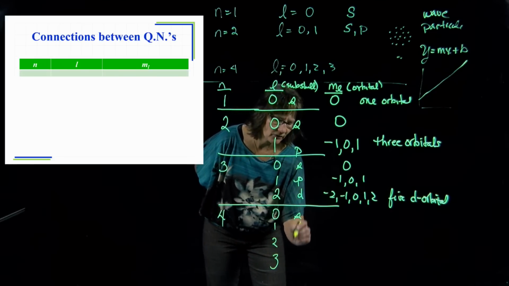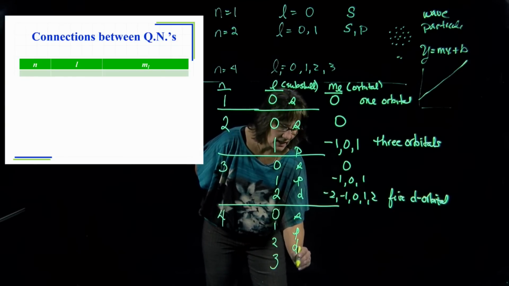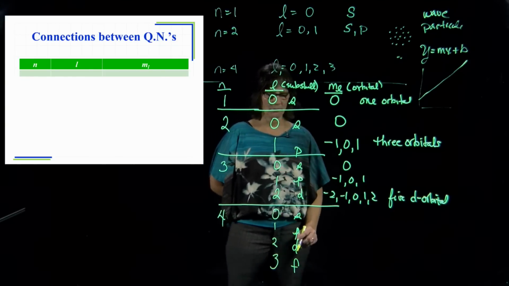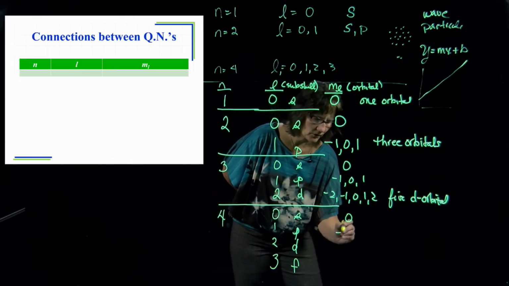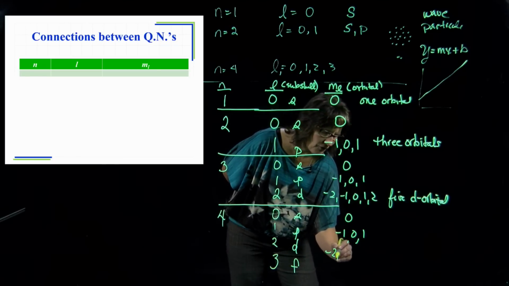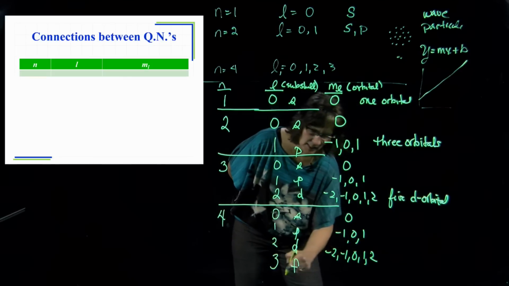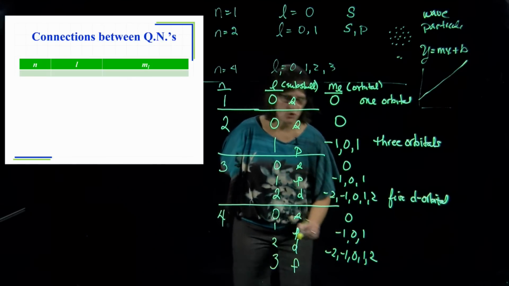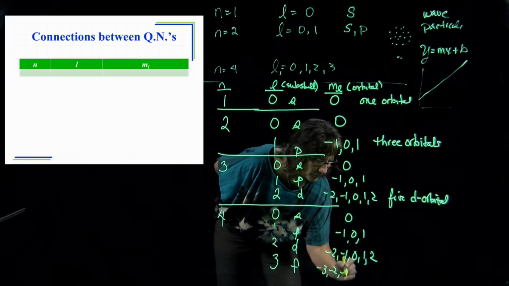This one's called S. This is the P sublevel or P subshell, D, and F subshell. So this is 1 orbital in the S. These are 3 orbitals in the P. These are 5 orbitals in the D. And then we do our F. Our F goes from -3 up to +3.